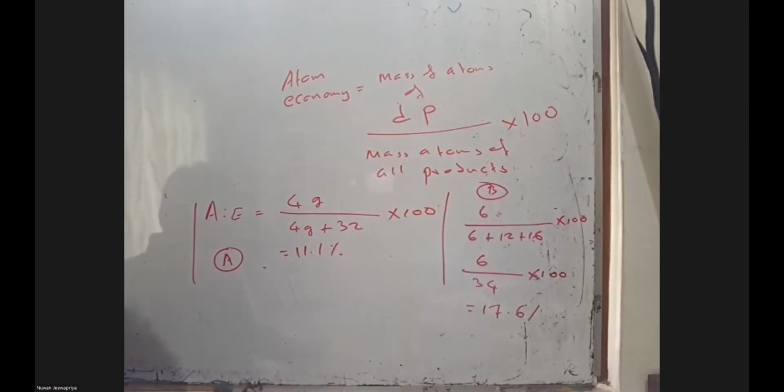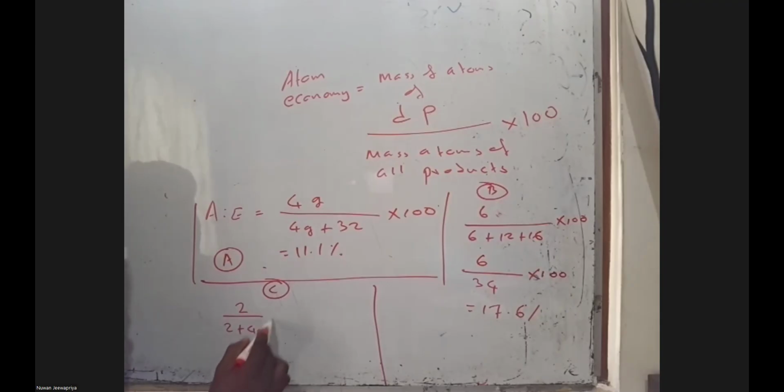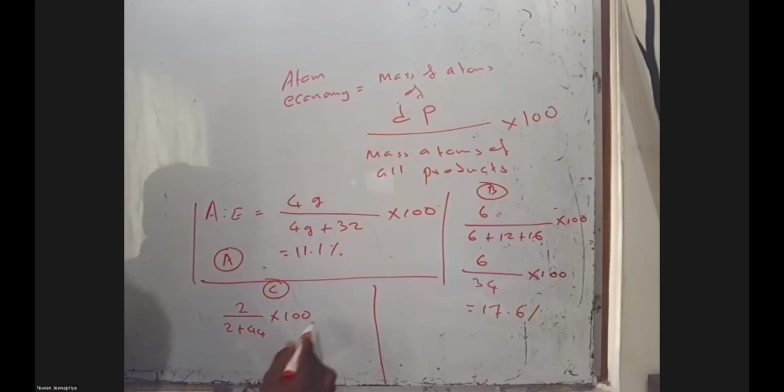Now similarly, if you count that for C, hydrogen is only 2 divided by hydrogen 2 plus 44 multiplied by 100. So that atom economy is 4.35%.